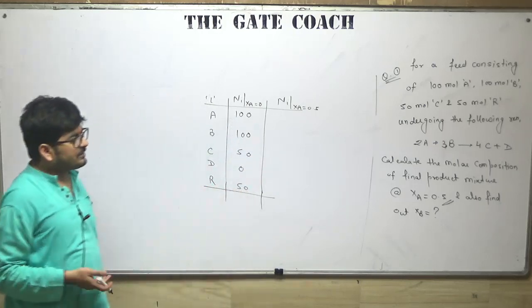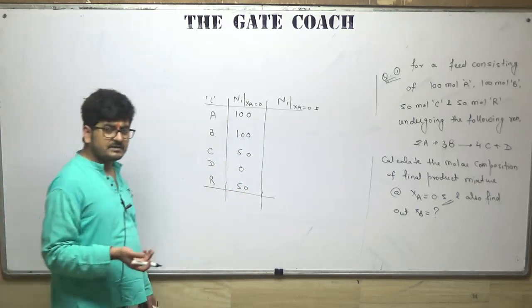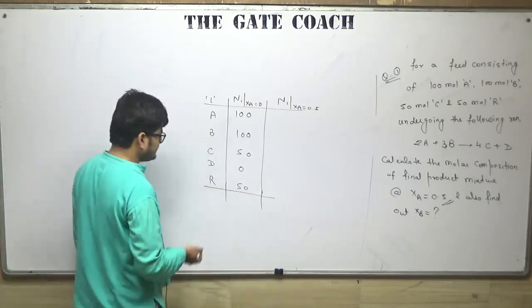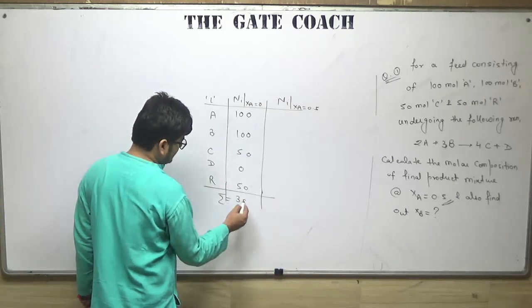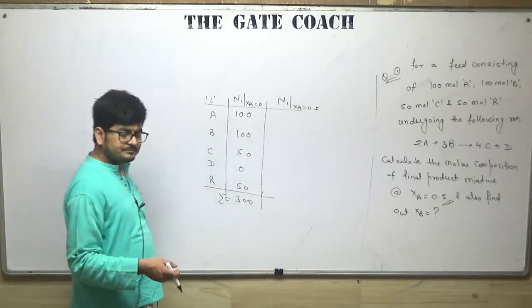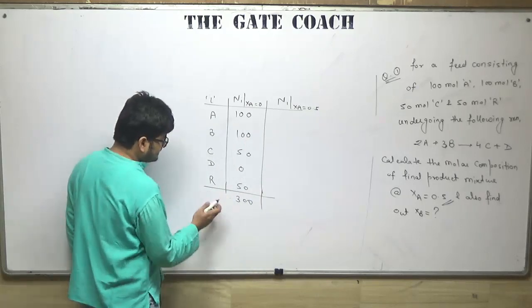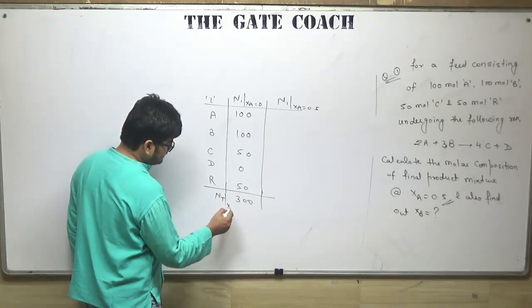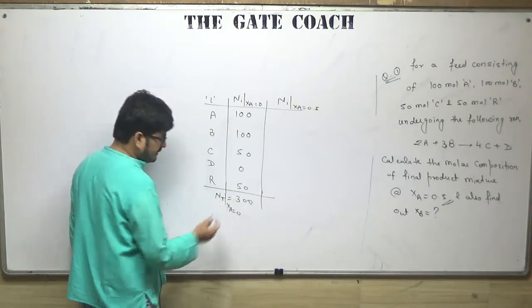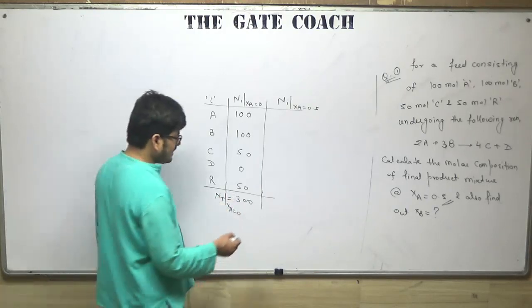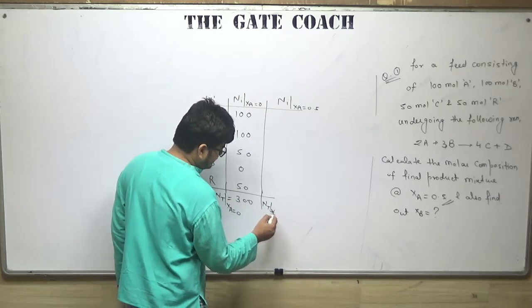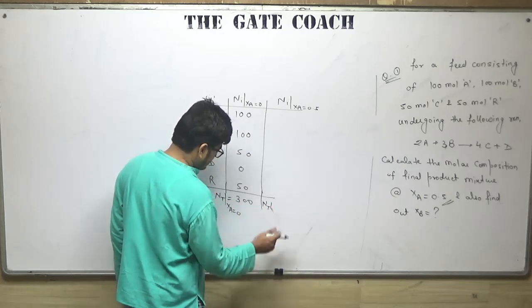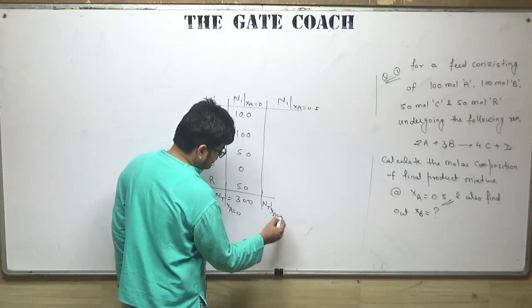Since D is not present in the feed, we will take the initial amount of D as 0. So initially the total amount is 300, or you can write it as total moles of the reaction mixture at X equal to 0. Here the total amount, NT at X equal to 0.5.